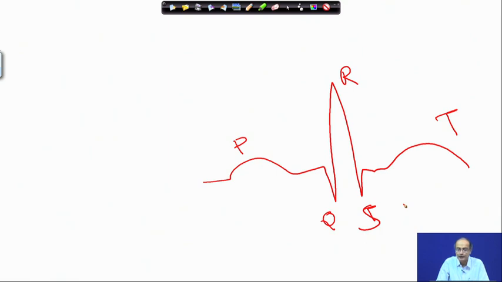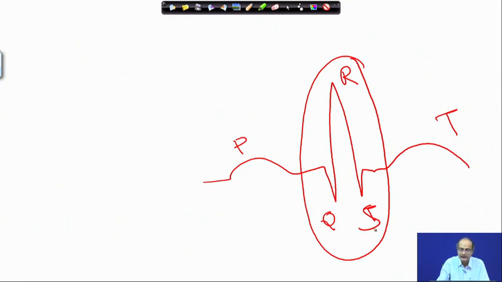Here we have not tried to find them out. In fact, if we need to find P or T or another segment, what do we do? We first find the most prominent phenomenon, that is the QRS complex, and once we have found it, we know there is a relationship in time, how far the T wave could be or how far ahead the P wave could be.